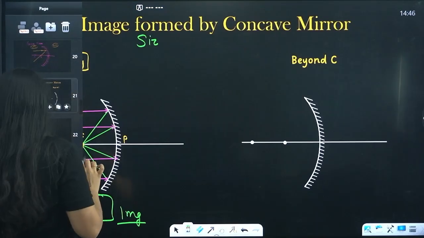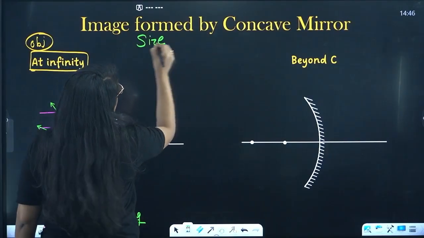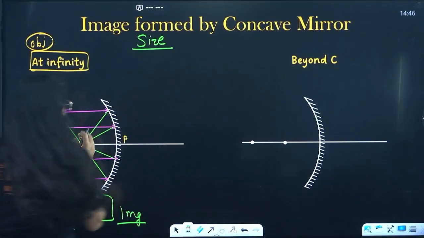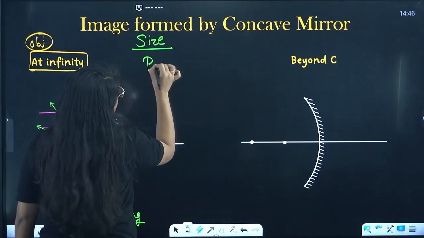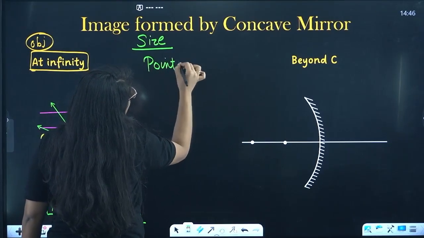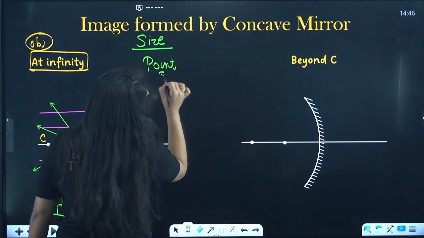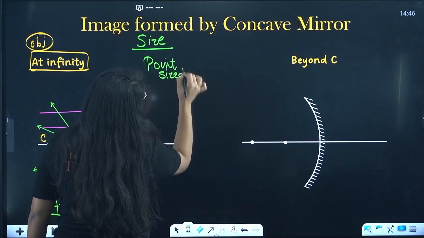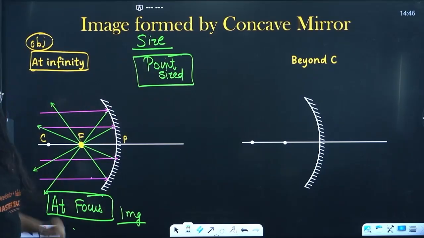Yes, we have to write the size of the image, right? Now the size of the image is a very small, point sized image. Done. So we wrote about the size and the position of the image.